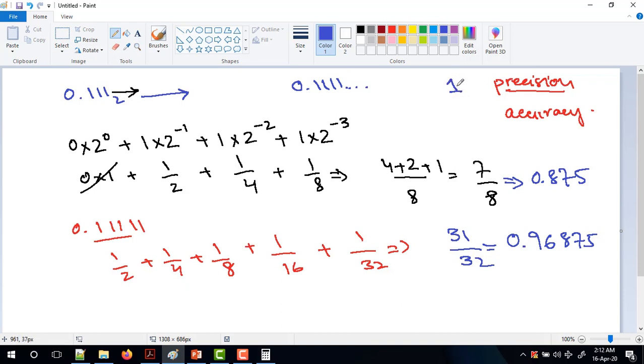The second thing that we observe is if we continue to increase precision after the decimal point, we are getting closer and closer to 1. In this case we had only 3 bits after the decimal or floating point, so we got 0.875, and when we increase the number of bits after the point, we got more accuracy, we get closer to 1.